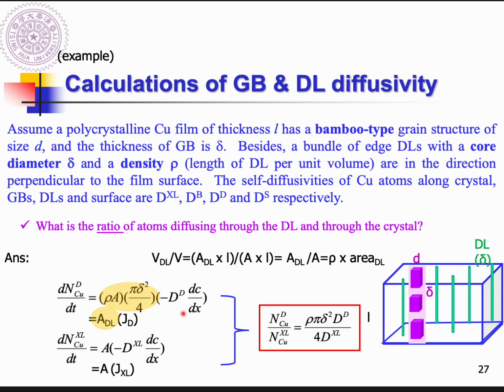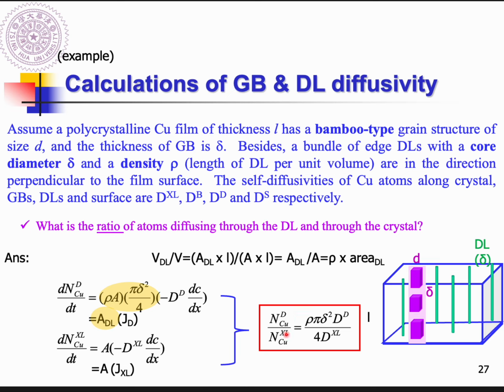We can delete A, so we get D_d divided by D_xl, times rho pi delta squared divided by 4. This is the ratio of atoms diffusing through this location and through the grain.